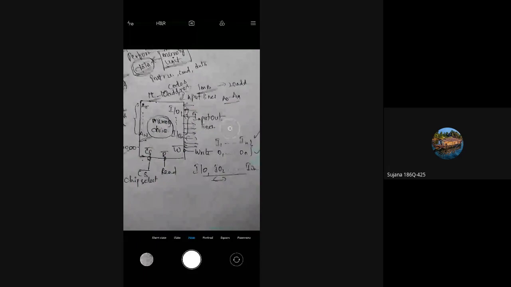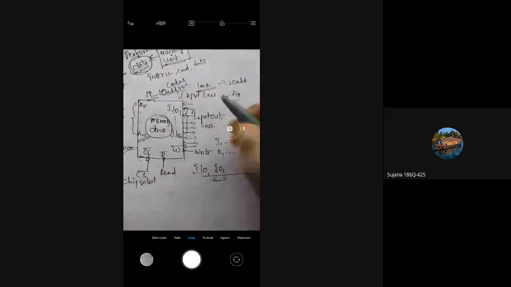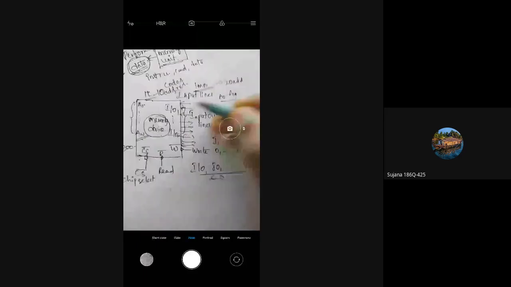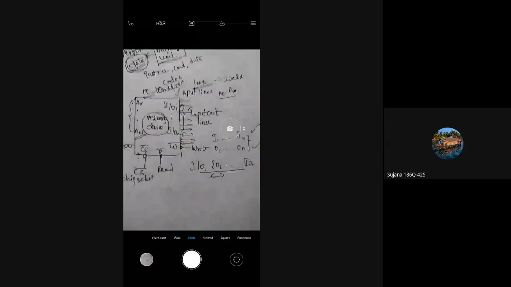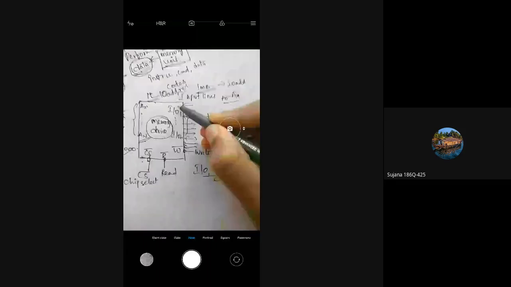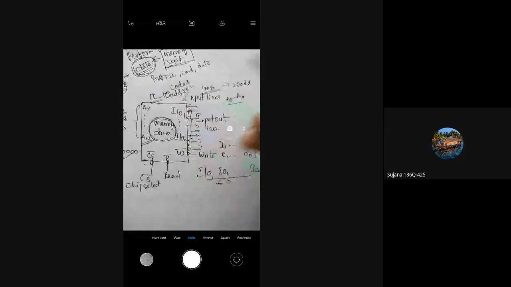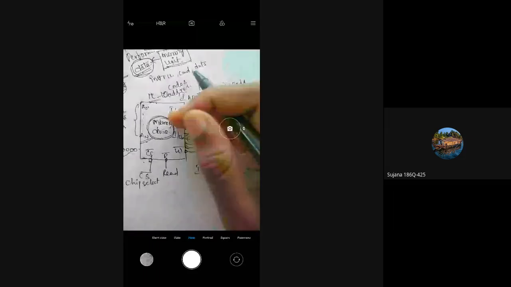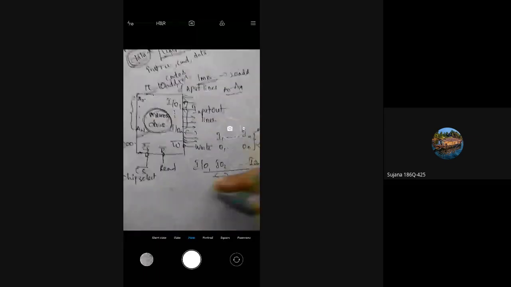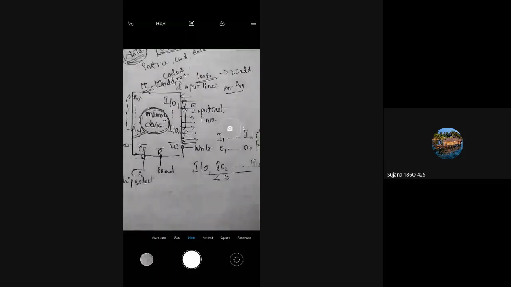Next you have input output lines. Input means which takes the data, output means which provides the data. These input and output lines depend upon the type of memory device. Some memory devices have separate input and output lines, and some have bidirectional input output lines. Using these lines, the data can be transferred in either direction.